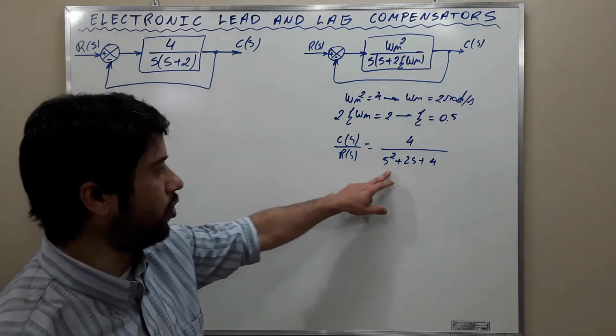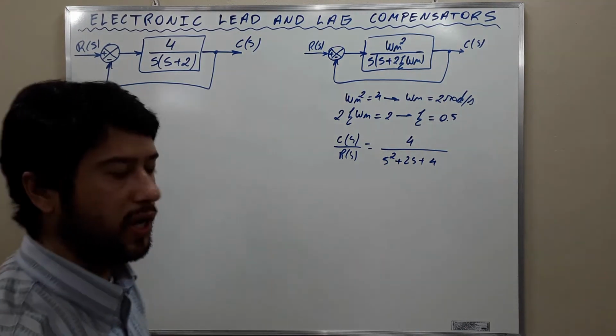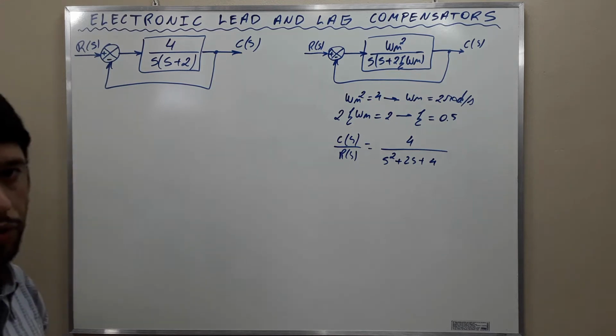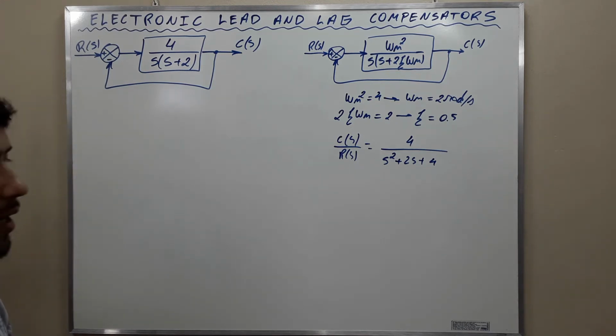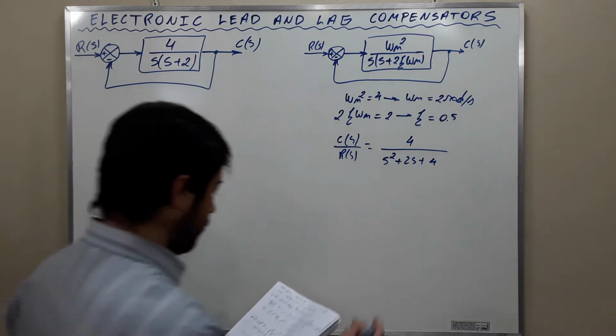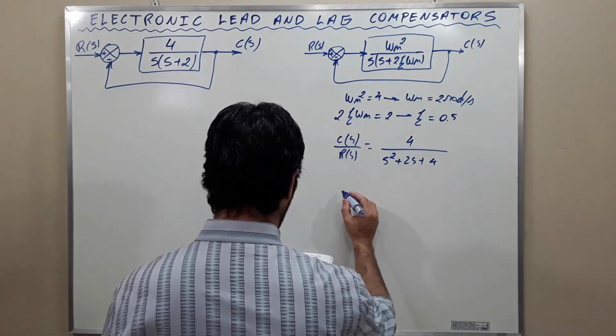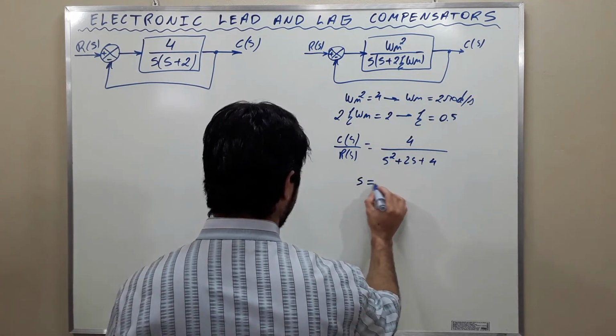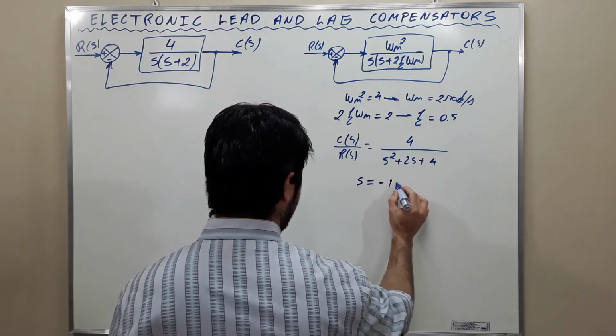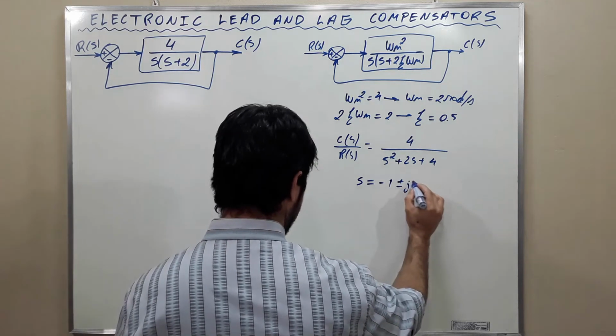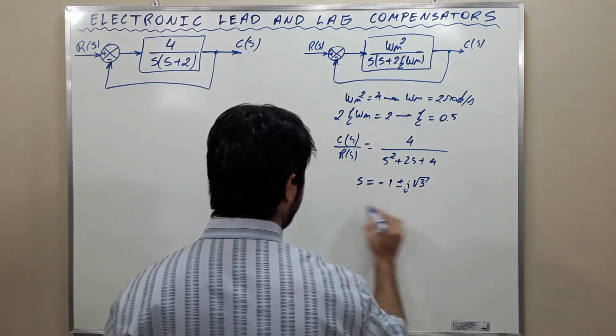And if we solve this for s, we get the closed loop poles of the uncompensated system, which are -1 plus or minus j square root of 3.